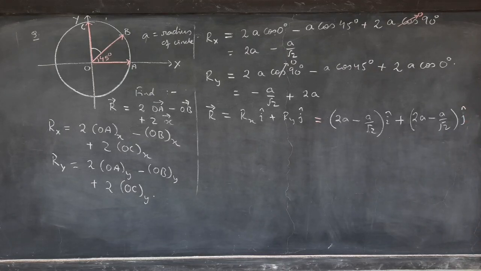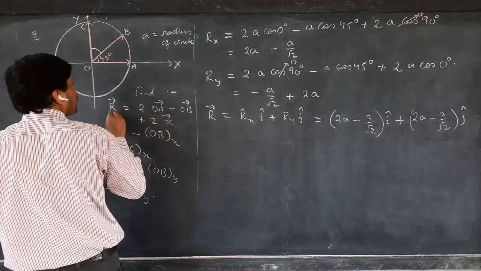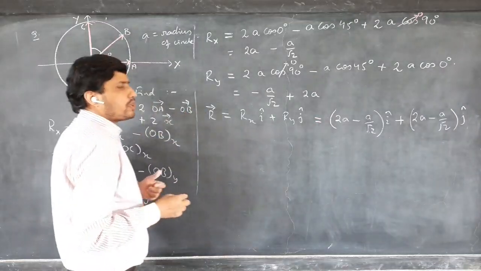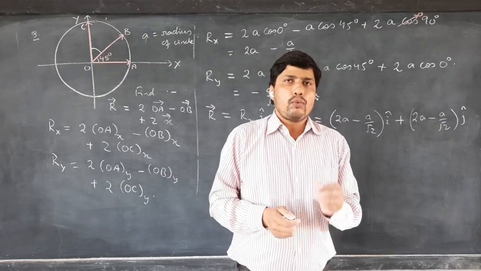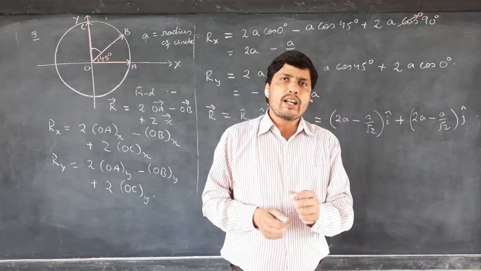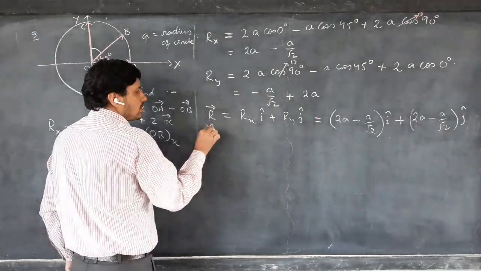So these are the x and y components of R vector, and we can express our answer in terms of this. If they have asked to find R vector, you can stop till here, but if you are asked separately and specifically to find the magnitude and the direction of R vector, then you will have to proceed a bit more.